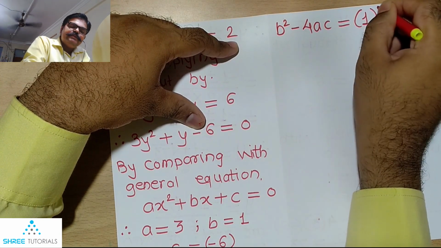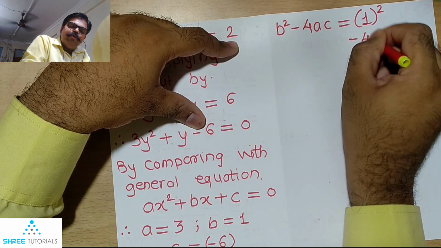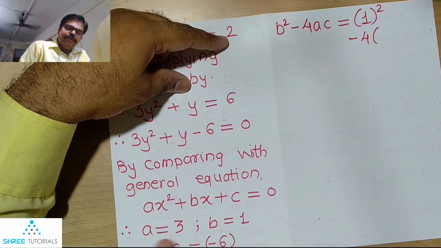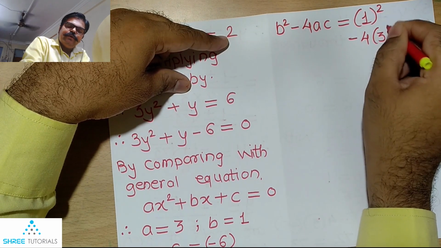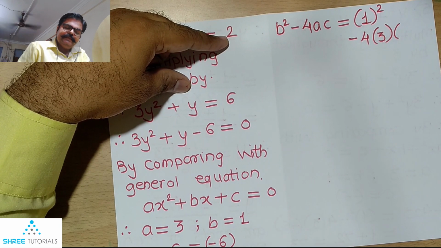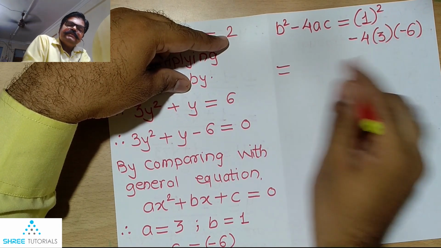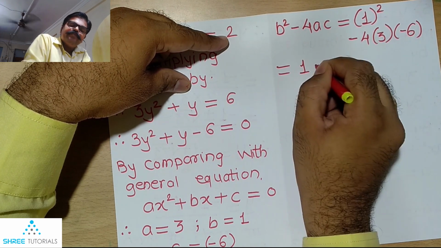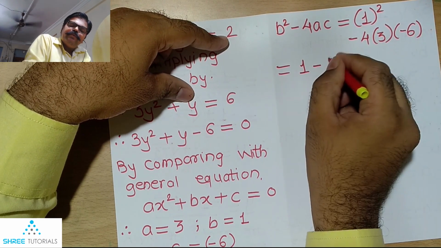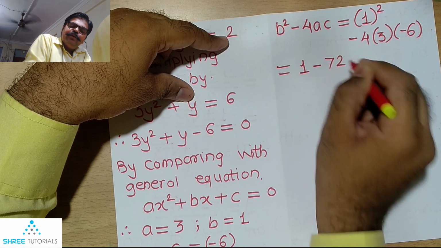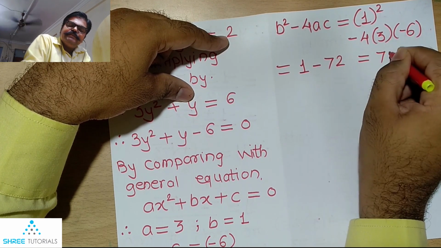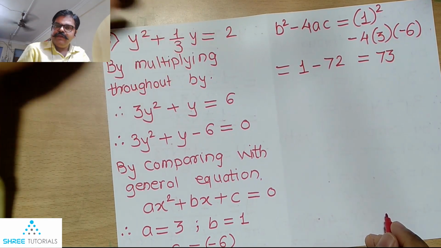Therefore 1 square minus 4 into a, that is 4 multiplied by 3, multiplied by c. C was equal to minus 6. So therefore 1 square will be equal to 1 minus minus 72, giving us positive 73. This component we have received now.